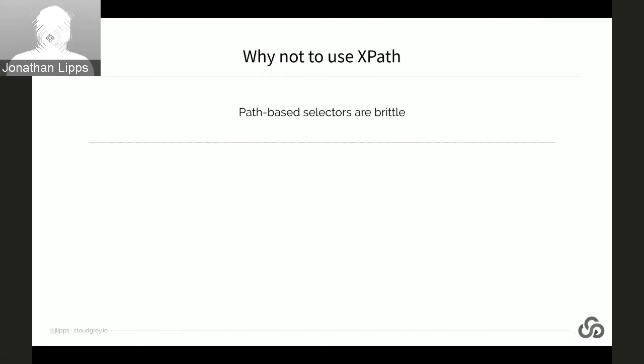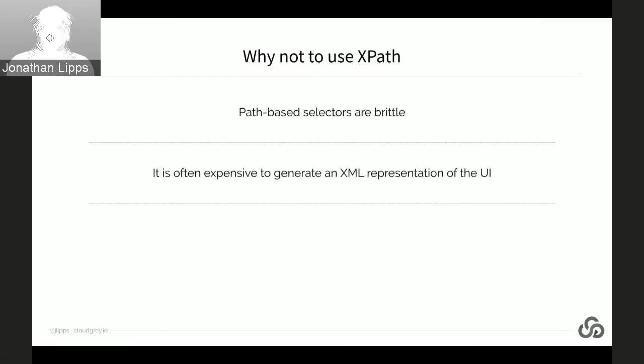Anytime the application changes its structure, which can happen for all kinds of reasons, whether it's an iOS or Android OS upgrade, or the developer just adds a new element somewhere in the application and the whole structure changes, your test is going to stop working because that selector will no longer target the element that you intended.